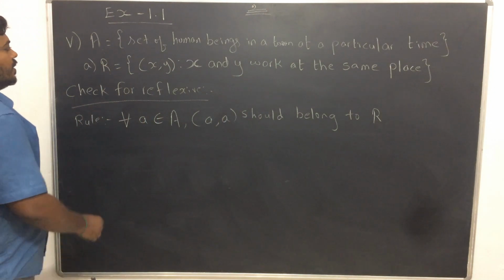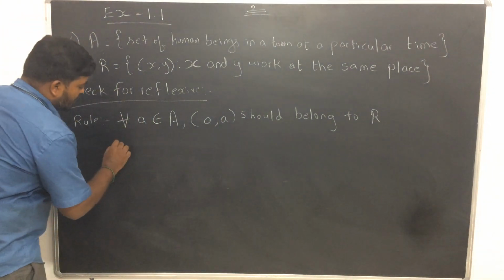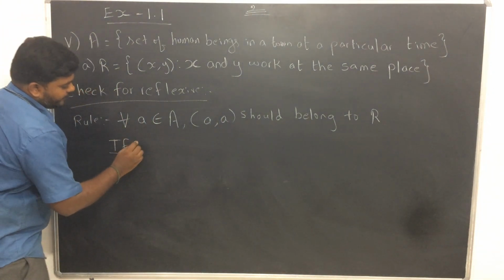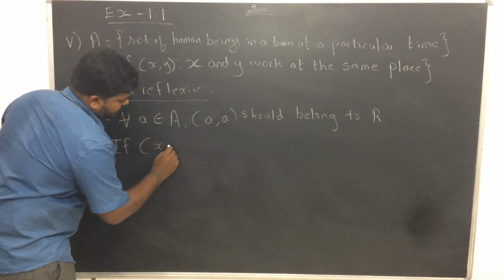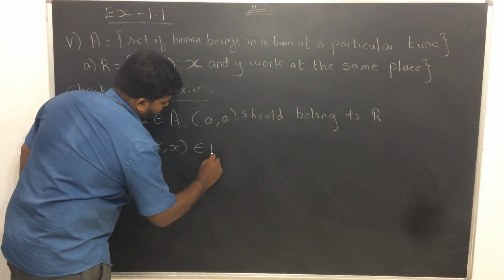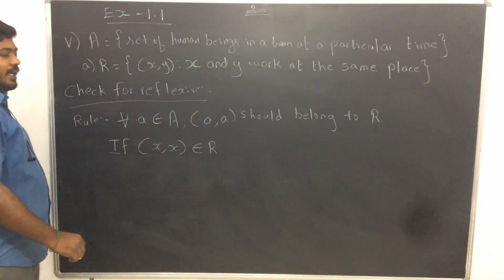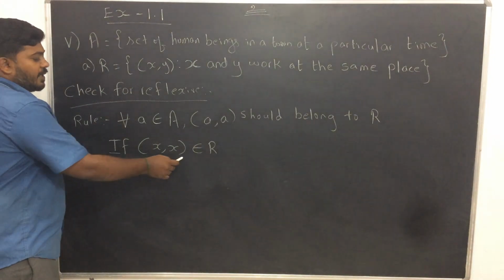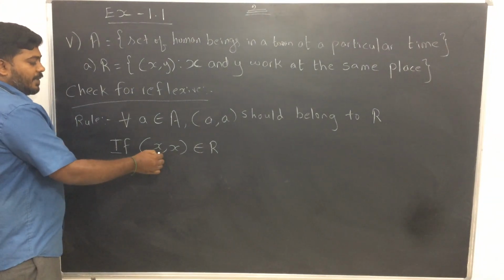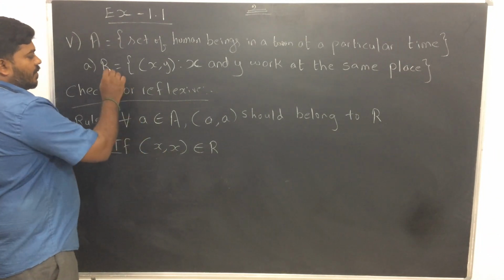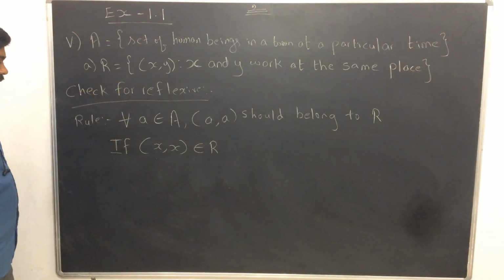Now, let me assume that X, X belongs to R. I am just assuming that this identical pair, X, X, belongs to R.